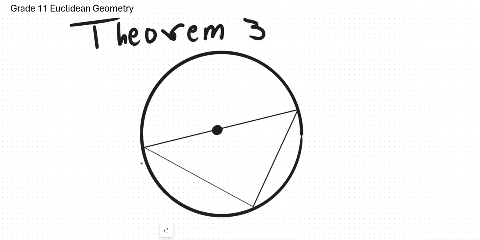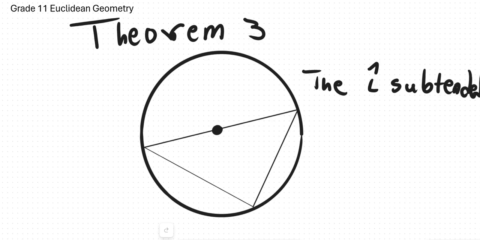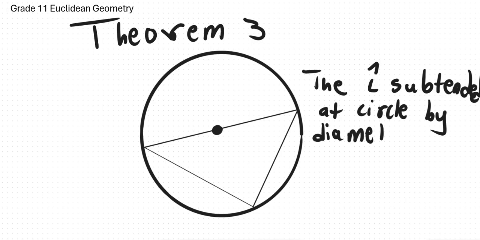We are simply saying that the angle subtended at a circle by a diameter is a right angle.